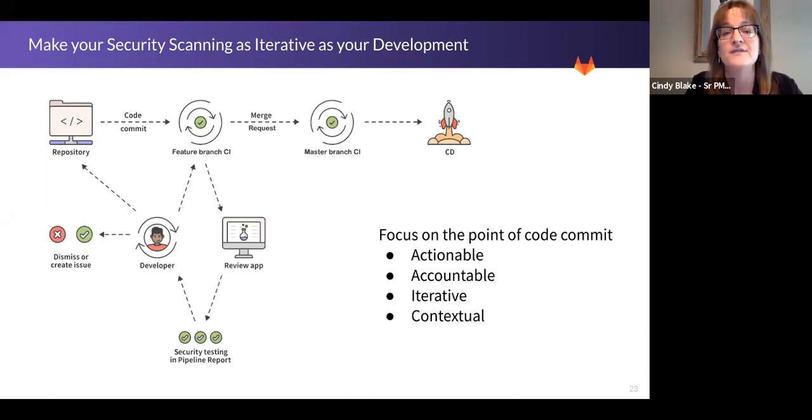It's part of CI. When the CI function spins up a review app, that review app is a fully functioning app that reflects the changes that developer made, and that review app gets dynamically scanned. So you're not scanning the entire application, you're scanning the code change.